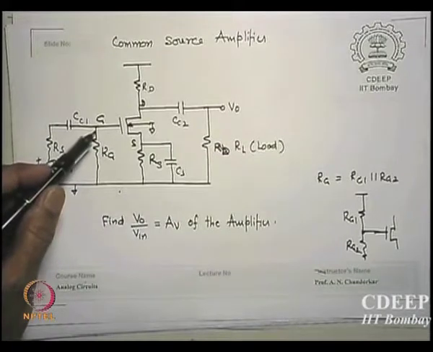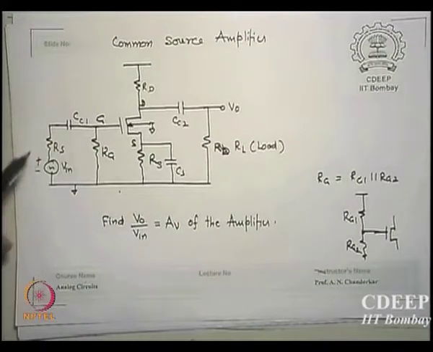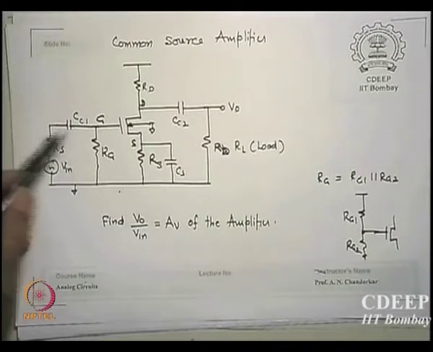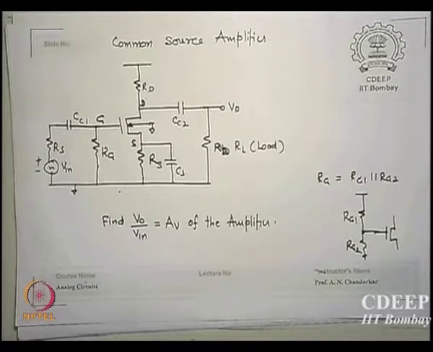This DC value here should not get directly connected to the input source. So what should we do there? Put a capacitance which is called a series capacitance, called a coupling capacitance. What does it decouple in fact? It should actually be called a decoupling capacitance. What does it decouple? The AC source from the DC source. Is that clear? AC source from DC source.